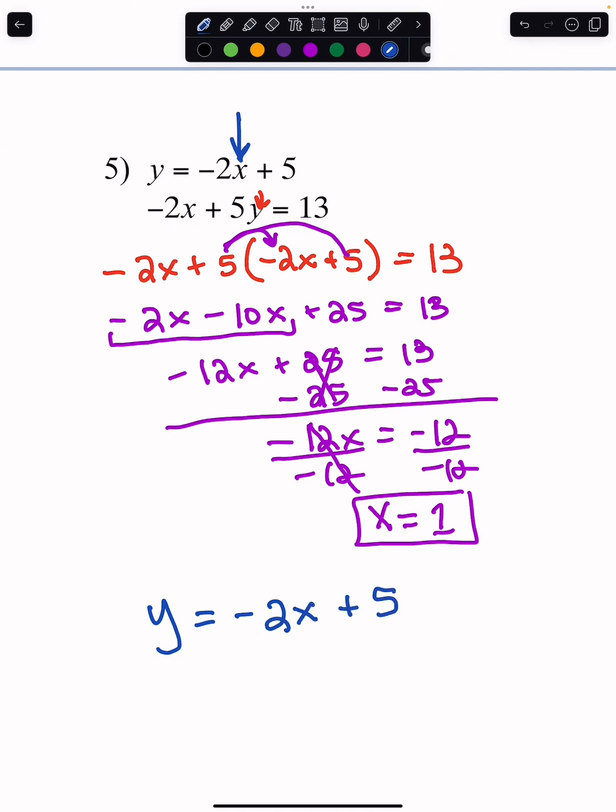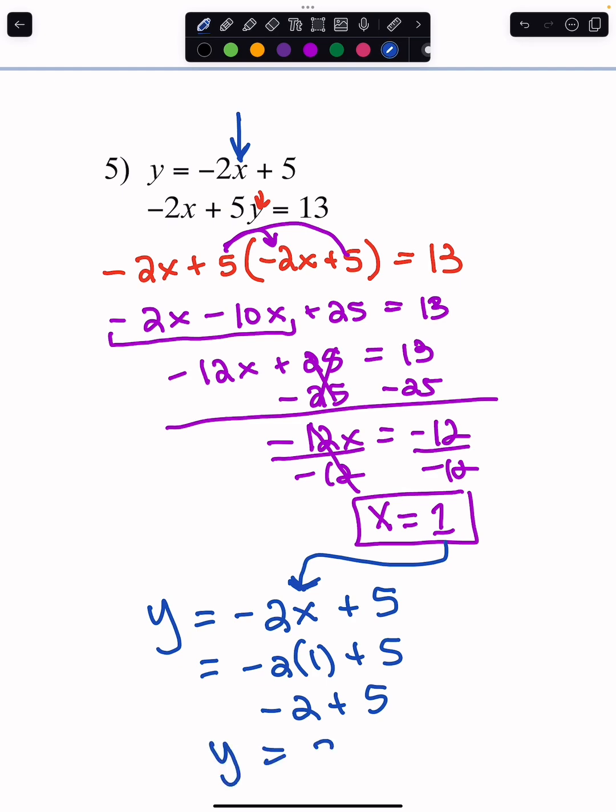That's going to equal negative 2 times 1 plus 5. In other words, negative 2 plus 5. So in other words, y equals a positive 3. So my answer is going to be 1, comma, positive 3.